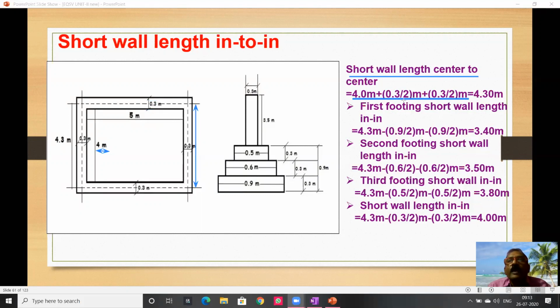We have added 4 meters plus 0.3 by 2 plus 0.3 by 2, and you got 4.3 meters, that is the center to center. So here you got 4.3 meters.